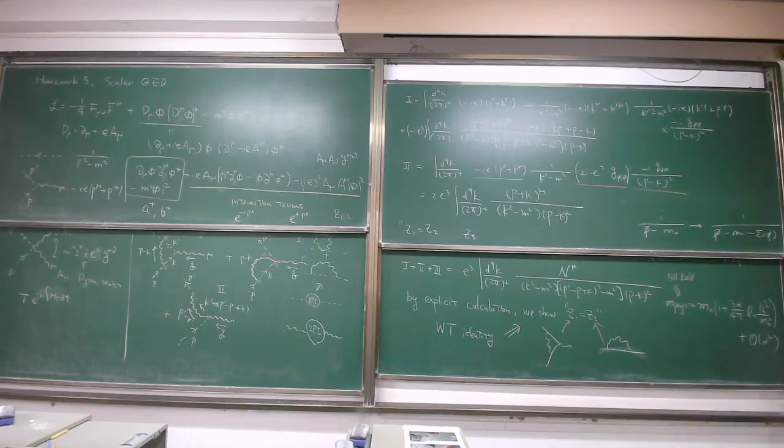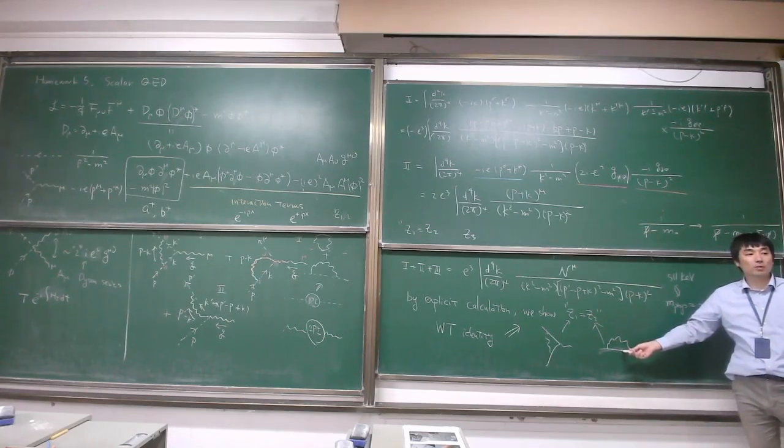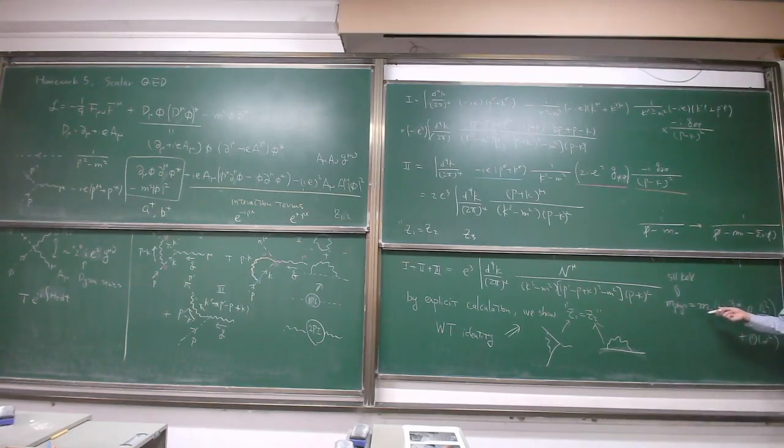Which means that most of the electron mass is coming from this quantum correction. On the other hand, without quantum correction, the bare mass, the naked electron, is really tiny, has a tiny mass. That's very much a quantum phenomenon. So the mass of the electron really depends on the energy scale.